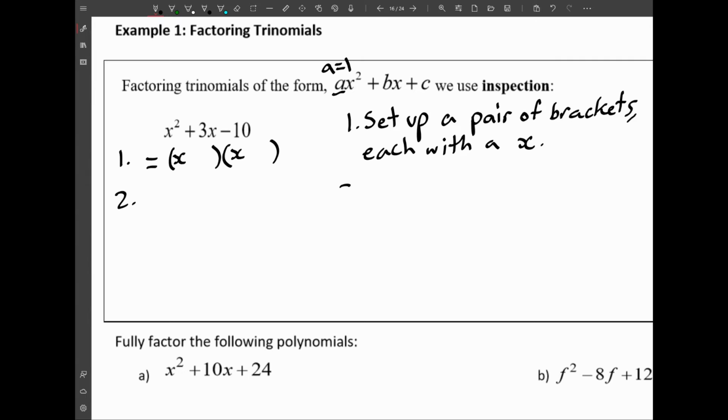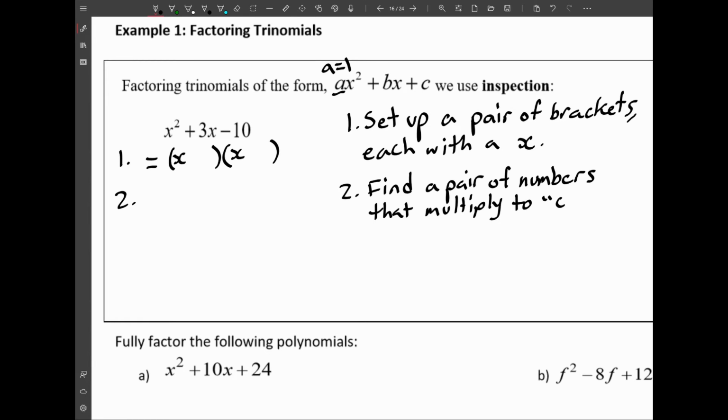Step 2, find a pair of numbers that multiply to c and add to b.